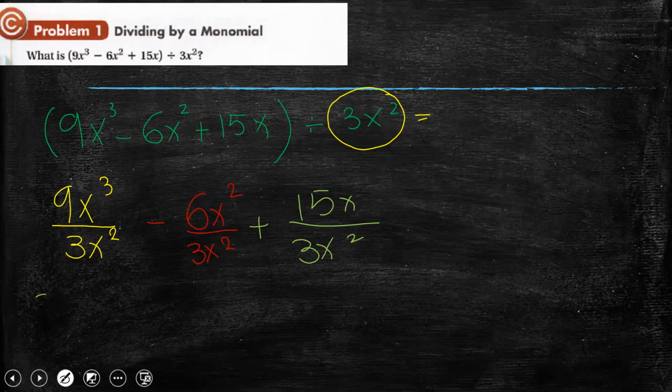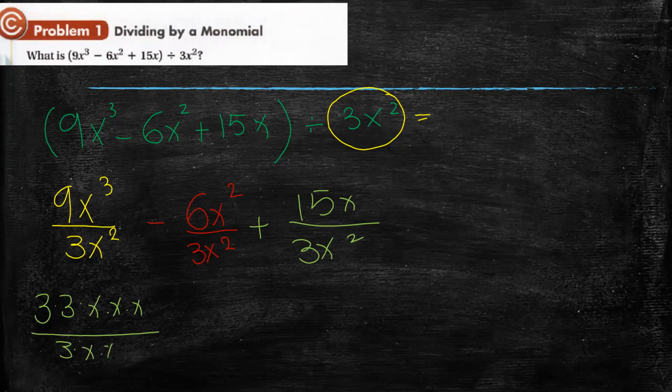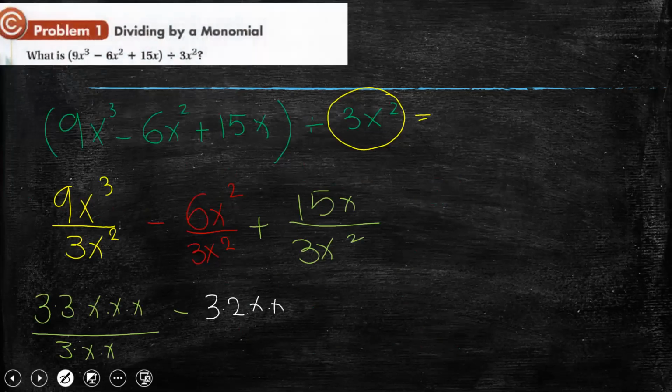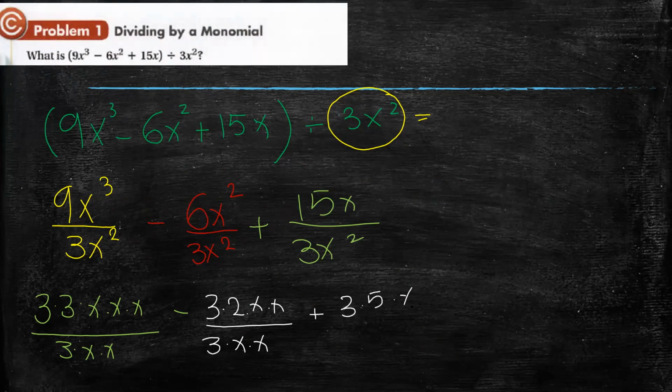Here we have 3 times 3 times x times x times x over 3 times x, minus 6, which is 3 times 2 times x over 3 times x, plus 15, which is 3 times 5 times x over 3 times x.